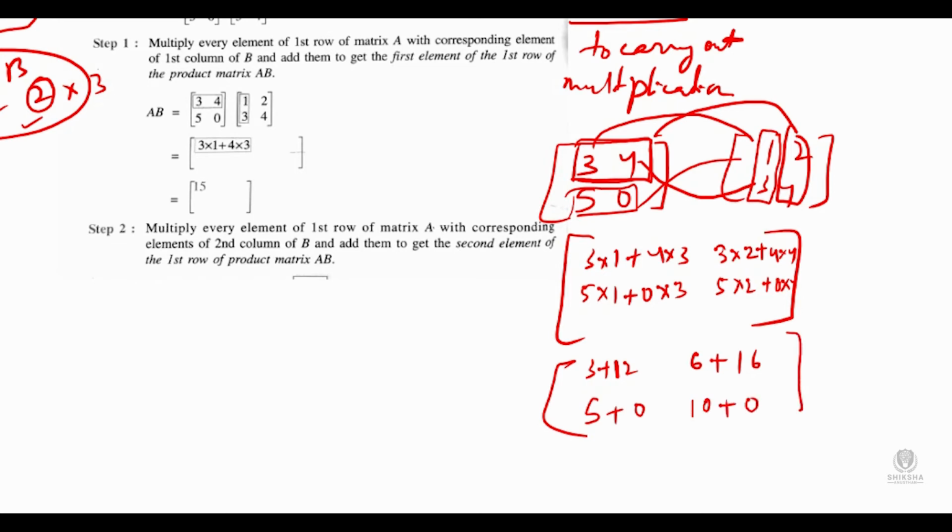Now on solving we get 15, 22, 5, 10. So this is the answer. As you can see, that is the process and the answer. Hope you are clear with the multiplication process.